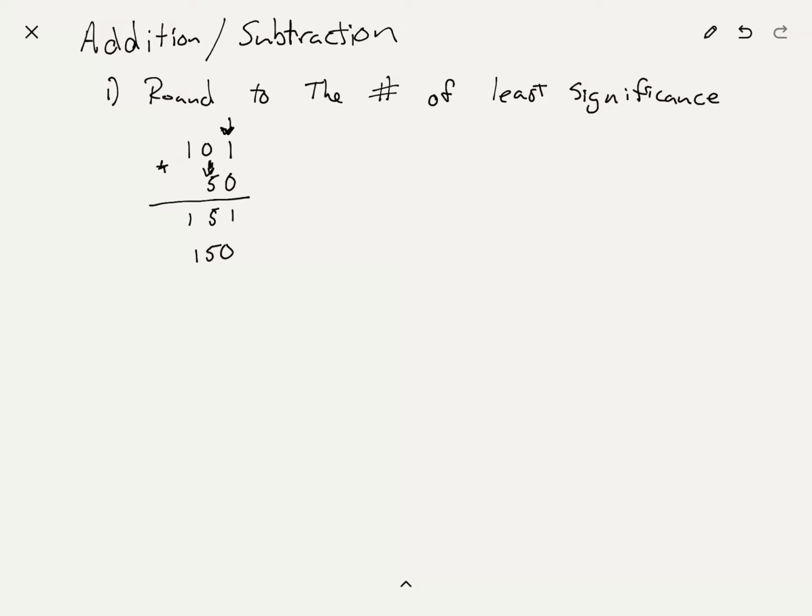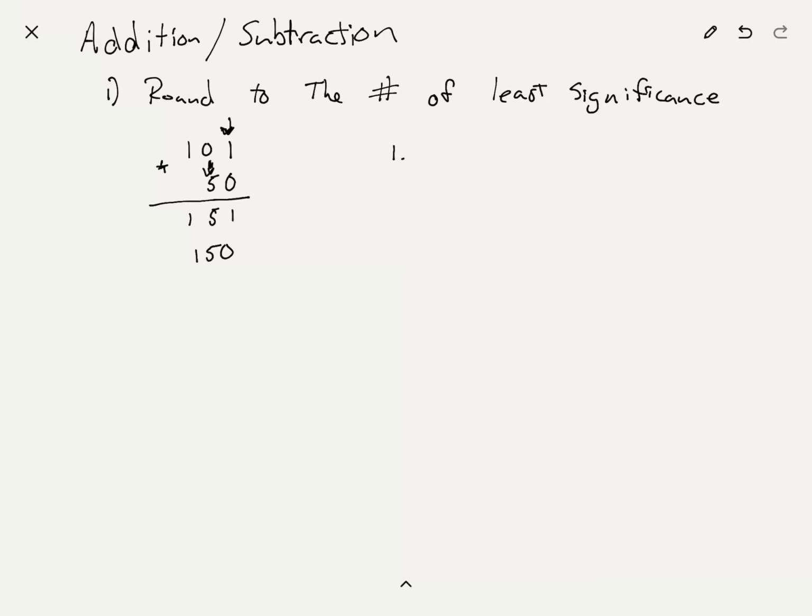More often when we're dealing with our measurements in chemistry class, we're going to have decimals than big whole numbers. So if that's the case, we are going to look at it like this.